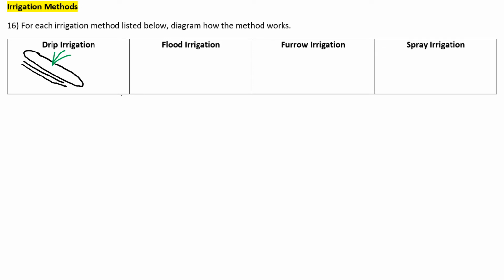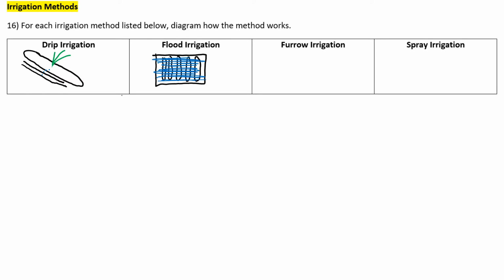So with drip irrigation, the water drips directly to the crop. For flood irrigation, I have a field, and with flood, water is just drowning the field.